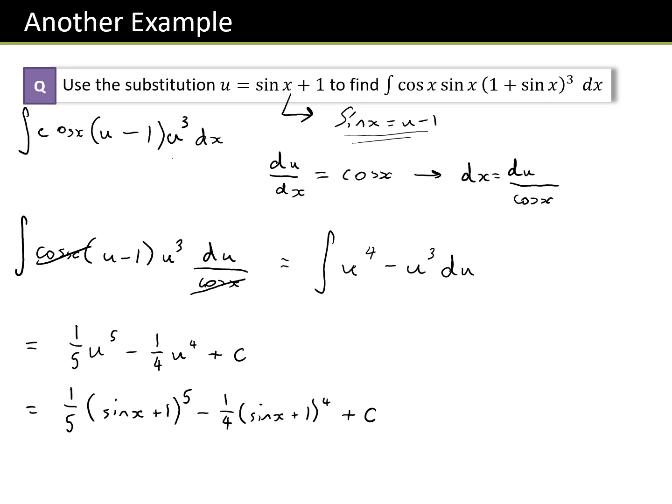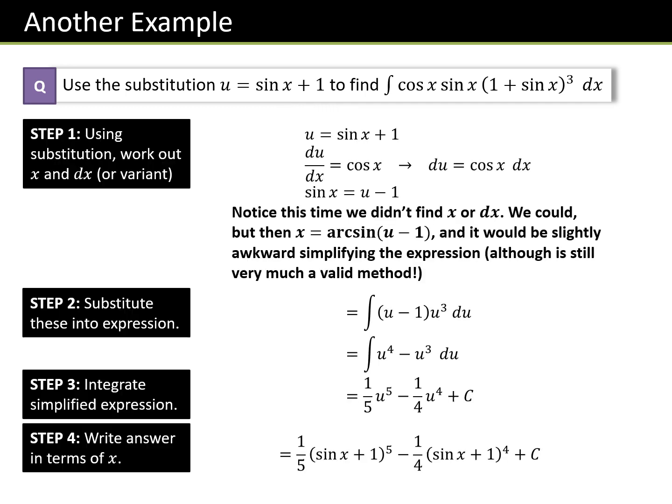So if you differentiate this, du by dx is equal to sine x differentiated, which is cos x. Rearrange for dx. Okay, now stick dx into your integration, and then you'll see the cos x's cancel, and then you can just do the rest easily. Okay, and there's a nicer written version.